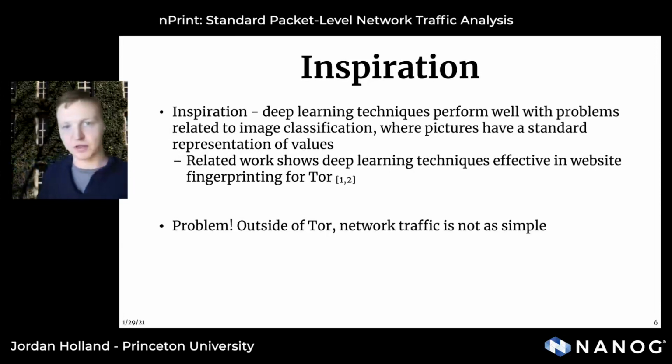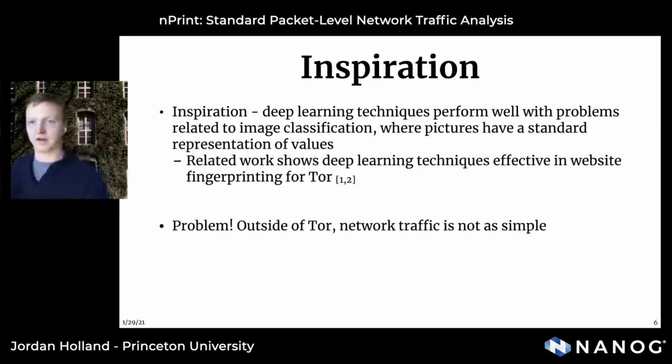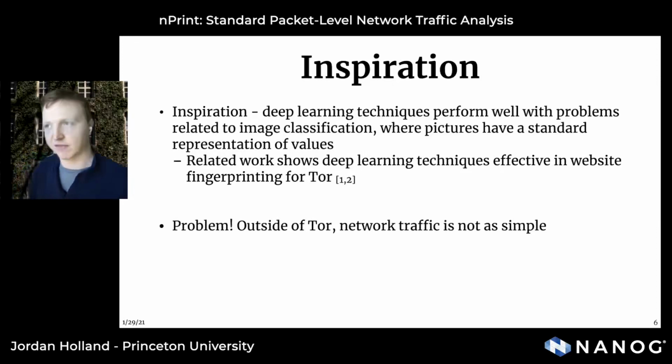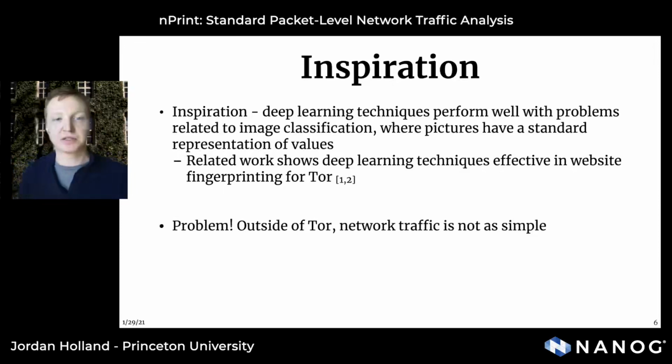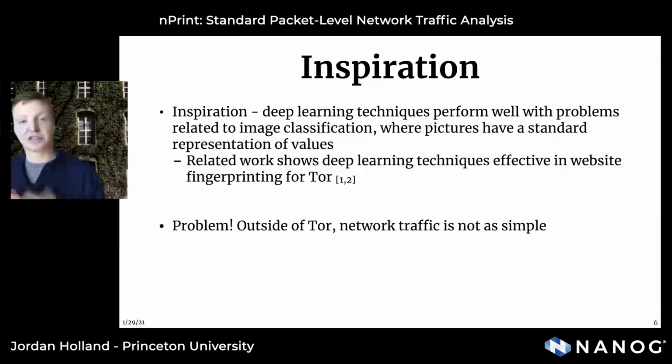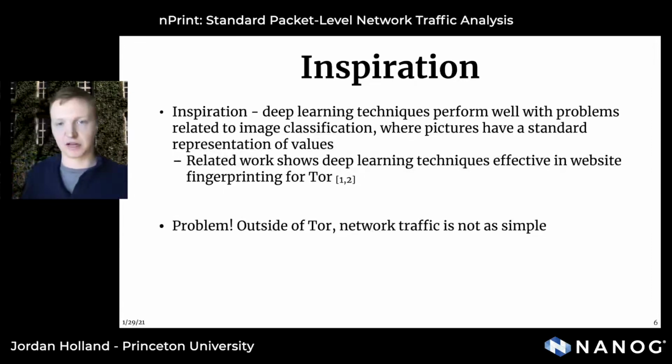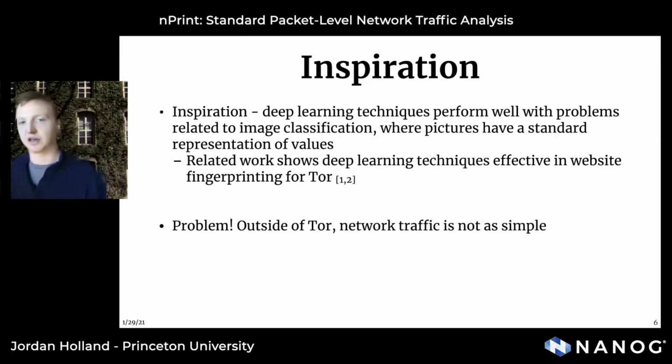One of the reasons for this rapid innovation is that pictures have this standard representation of values. Whenever I want to classify a set of images, say a cat versus a dog, I present a deep learning classifier with a square or rectangle of pixels, and it's going to learn how to classify between the cat and the dog. We don't actually have to tell it how to do it.